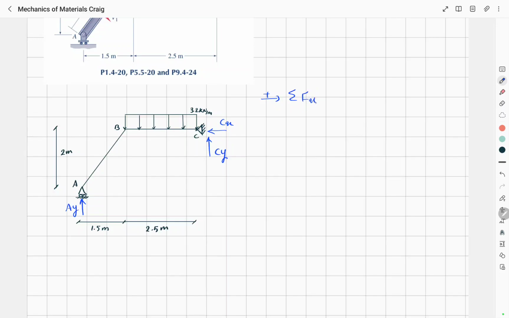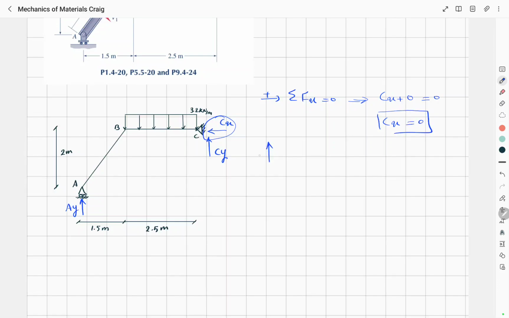sigma Fx is equal to 0. The only force in the x direction is Cx. So Cx plus 0 is equal to 0, which gives us Cx equal to 0.